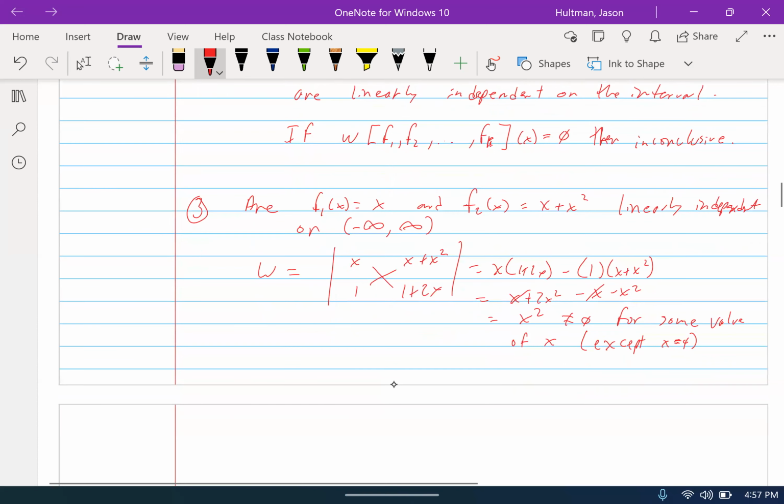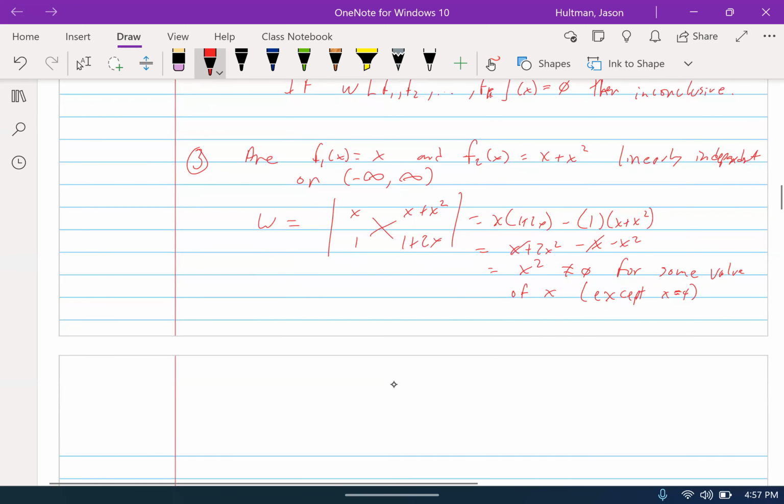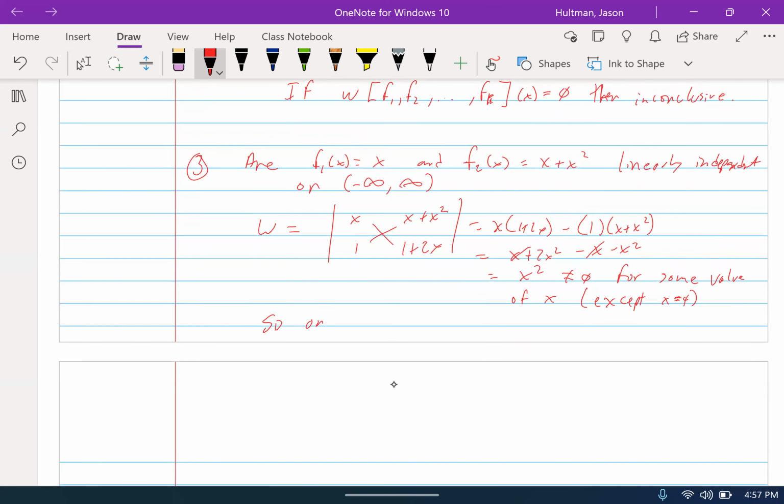So we say on negative infinity to infinity, f1 of x and f2 of x are linearly independent.